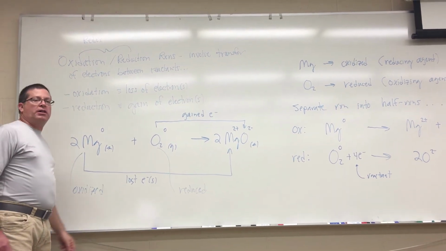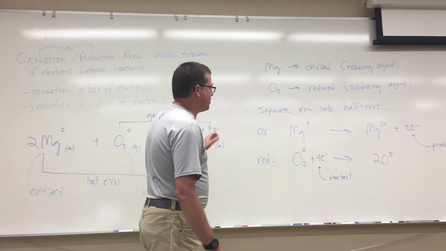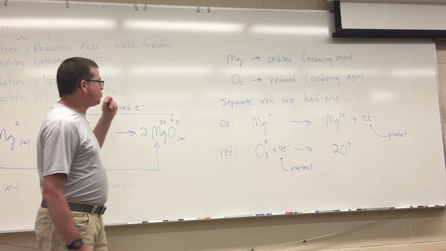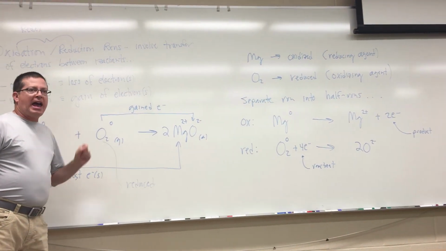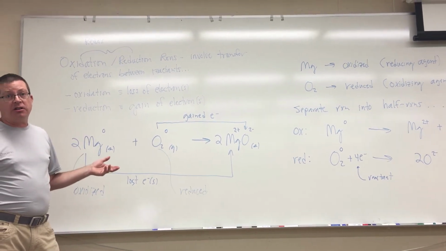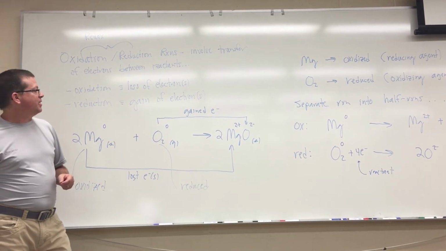Now another way that we're going to typically look at this, and I'm going to be a little bit loosey-goosey about it in the sense that I'm not going to necessarily try to balance anything here, is we can separate our overall reaction into what we call half reactions, where one reaction represents the oxidation and the other half reaction represents the reduction process.